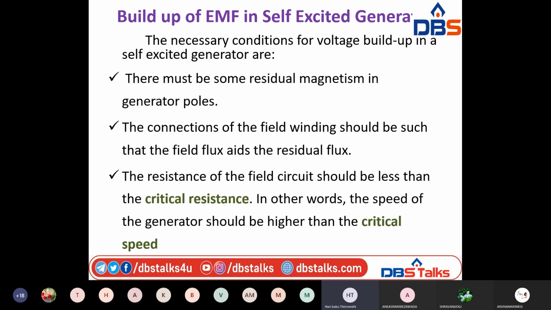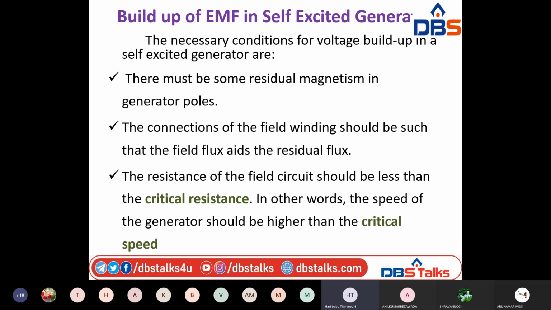Suppose at the testing time they operate it and 230 volts is generated. They shut down and switch off the supply, and the 230 volts reduces, but 10 or 12 volts does not nullify. That means it does not come to zero. So the 10 or 12 volts remains in the generator. Now the consumer starts the generator.